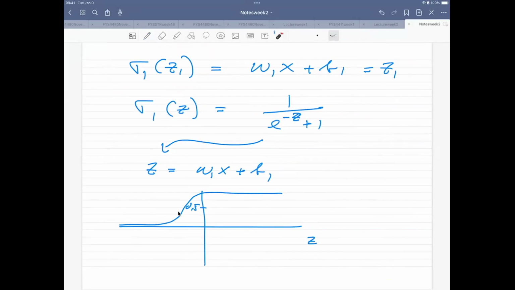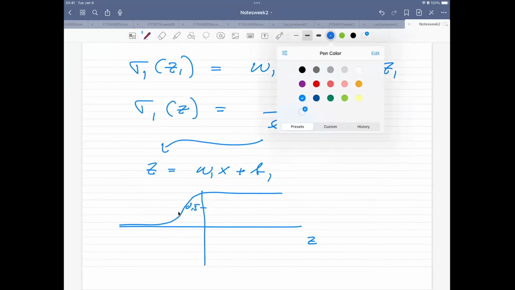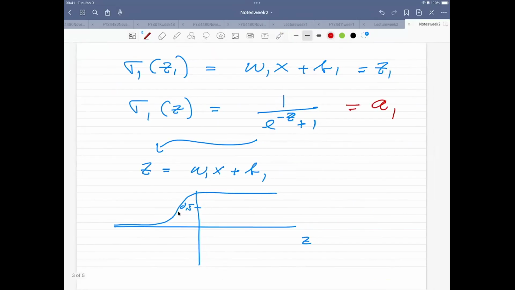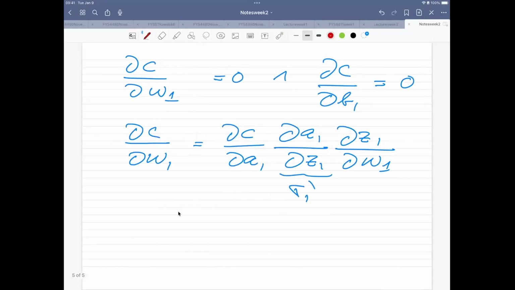We just assume that this was equal to Z1 in case we're dealing with a regression problem. But in general, this one is actually equal to this variable A1, the output of the network. So when we use the chain rule, we get the derivative of A1 with respect to Z, and that gives us this derivative which you see here.